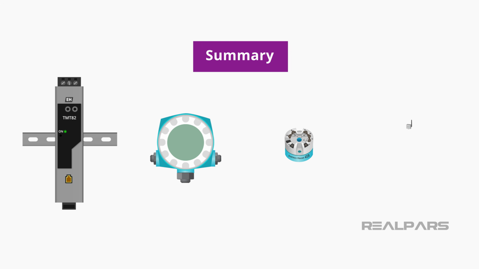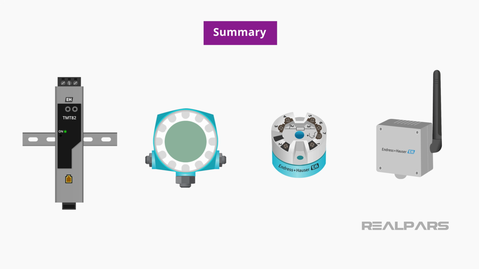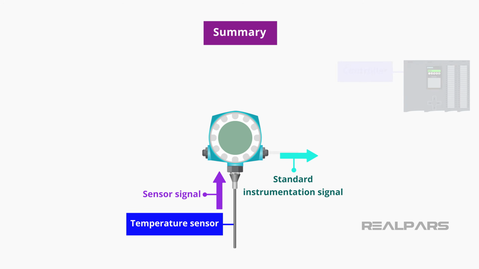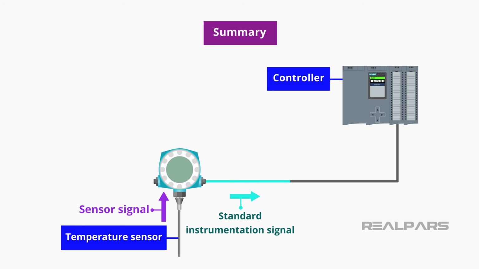Let's review what we've discussed. Temperature transmitters are available in several different shapes and sizes. A temperature transmitter is a device that converts the signal produced by a temperature sensor into a standard instrumentation signal representing a process variable temperature being measured and controlled. The most common transmitter instrumentation output signal is 4 to 20 milliamps.